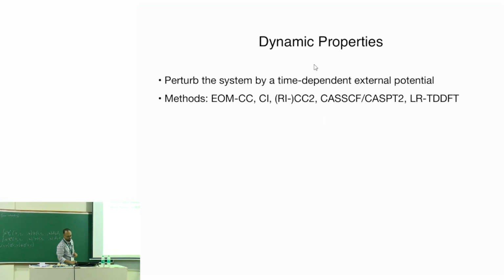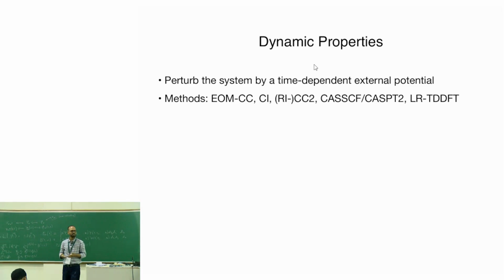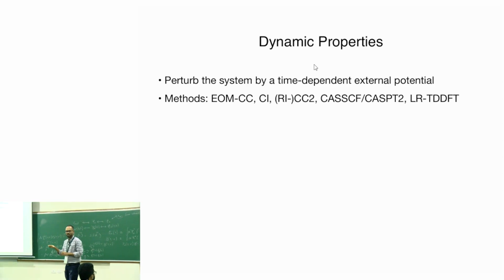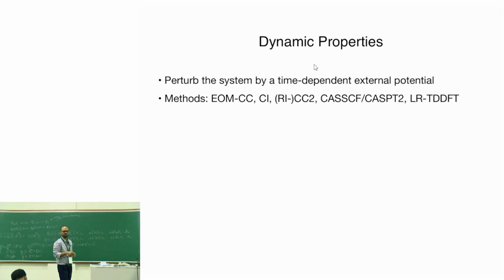So far I just discussed what are called static properties. There is no time dependence in your perturbation. But suppose you're working in a laser lab where you perturb the system with a laser field. That laser field will have a certain frequency of oscillation. So this is going to be a time dependent perturbation that you will have in your system.